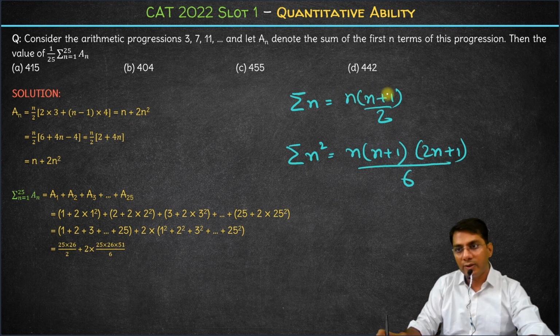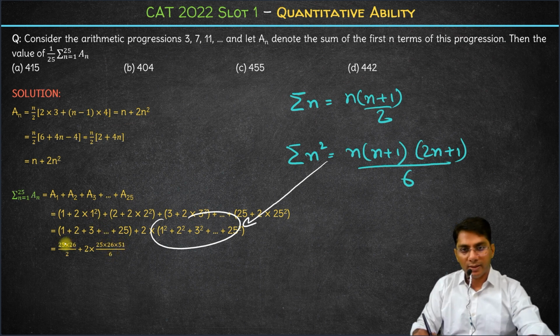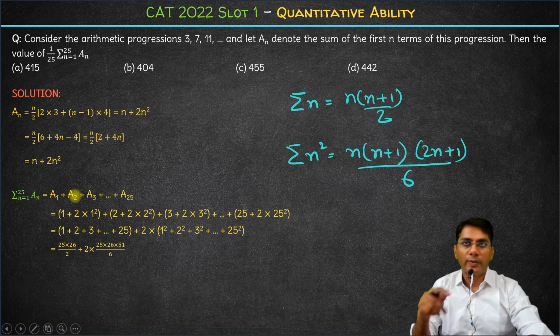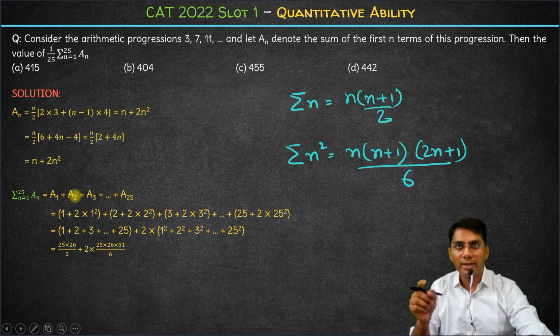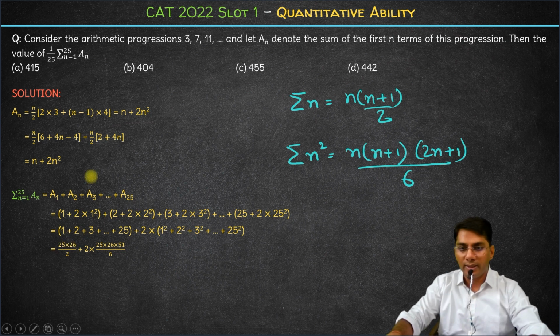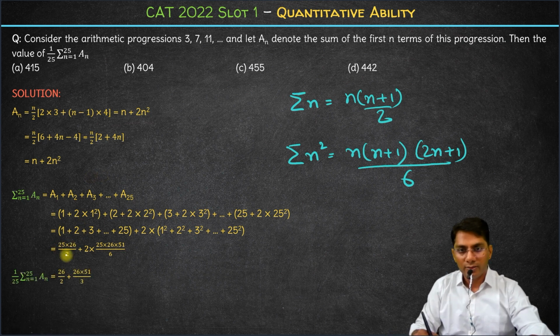So this becomes 25 into 26 by 2 plus twice of 25 into 26 into 51 by 6. Now 25 square is 625, so 25 into 26 will be 625 plus 25, 650, and half of 650 is 325. So this term here is 325.